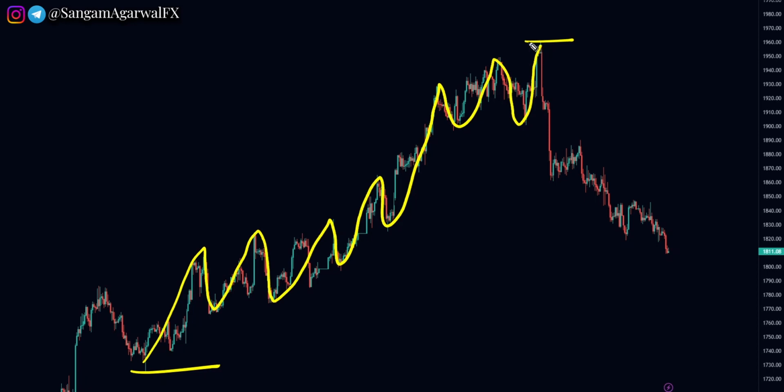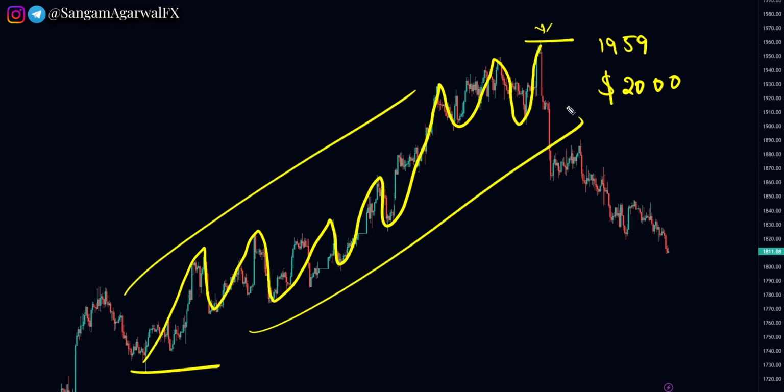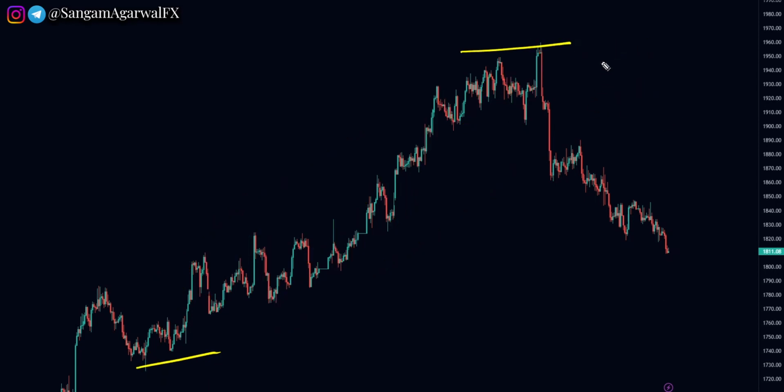And it was super bullish, and right at the top everyone was saying buy at 1959, gold will go to $2,000 tomorrow. That is price action, because based on price action it is super bullish and there is no reason to sell and all the reason to buy, because based on price action you will only sell when price makes a lower low with a lower high.